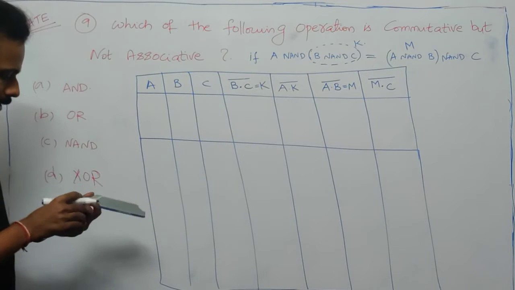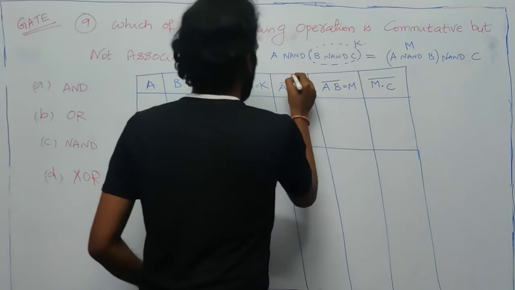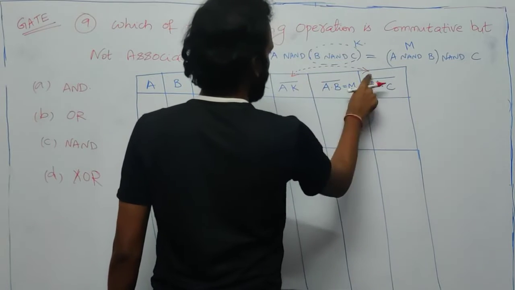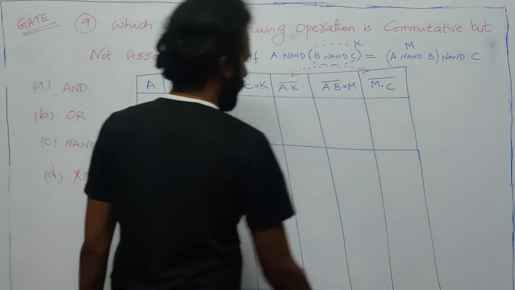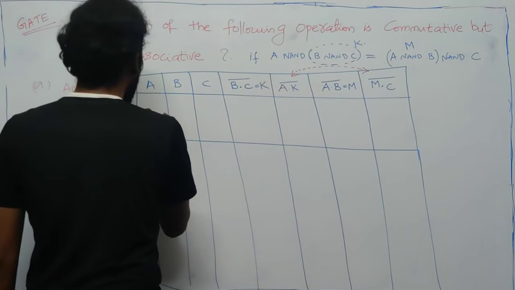Now where is the result that you have to concentrate on? These two. If these two have the same logic functionality, then we can say that NAND is also associative.